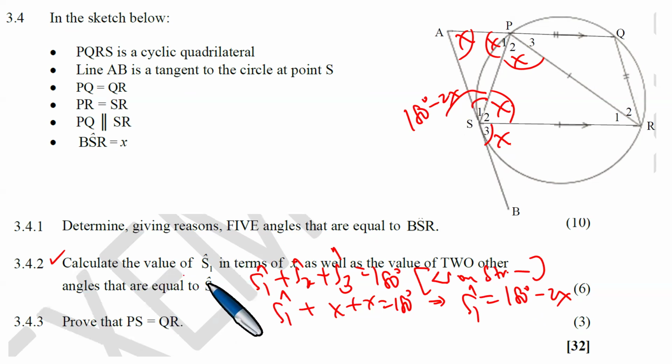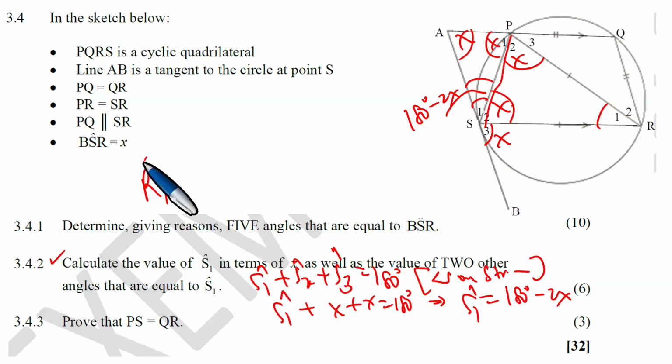So calculate the value of S1 in terms of X, as well as the value of two other angles that are equal to S1. So this is a tangent, so the angle subtended by this chord, and this chord subtends the angle R1. So immediately we're able to see that the angle R1 is actually equal to S1.